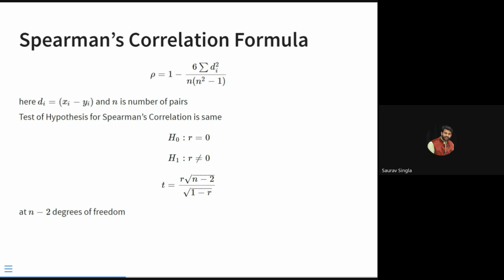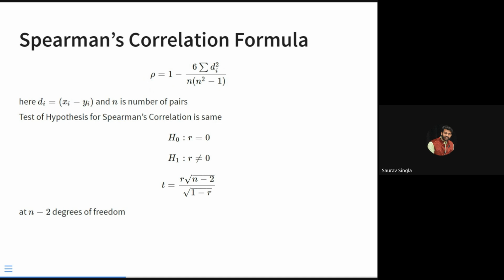We take the square of it and then sum it, multiply by 6, divide by n into n square minus 1, then subtract the whole from 1, and it is the Spearman correlation coefficient.